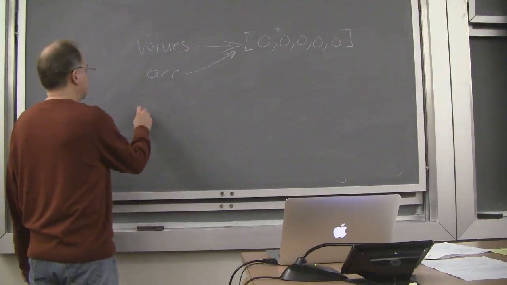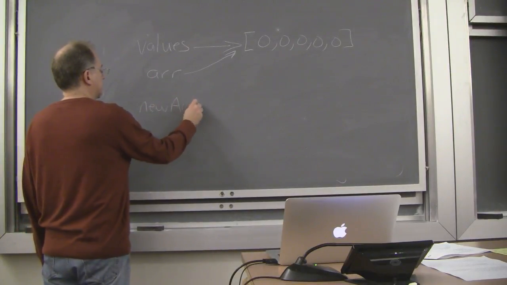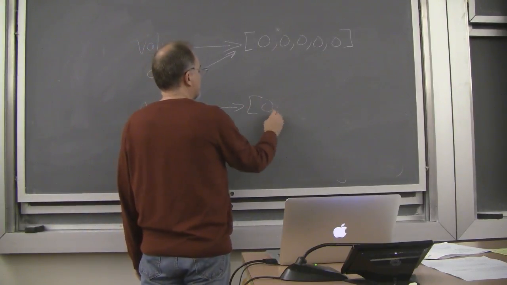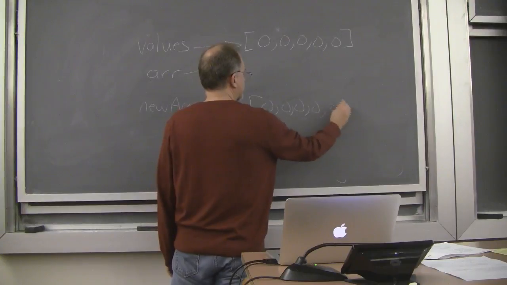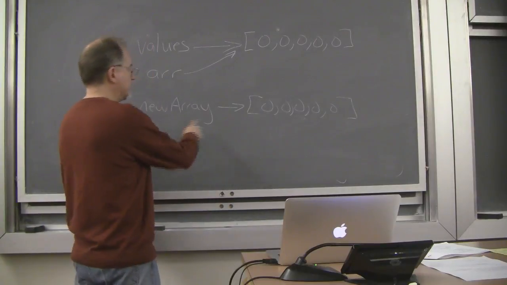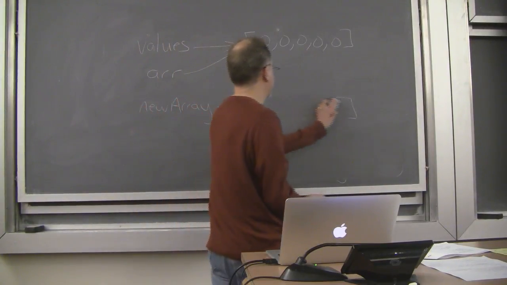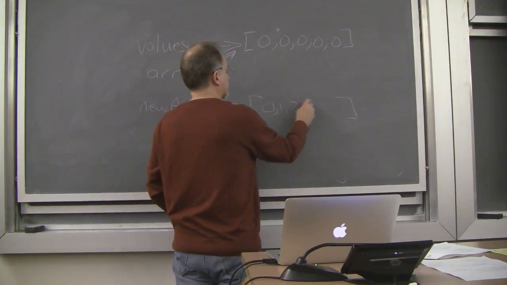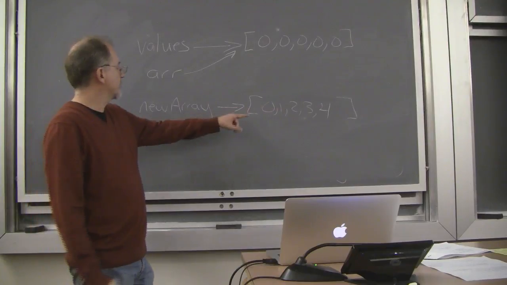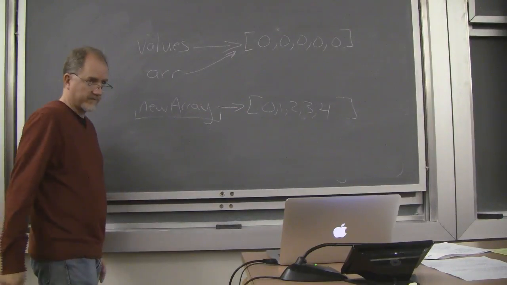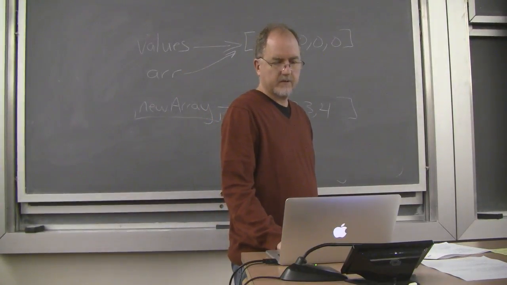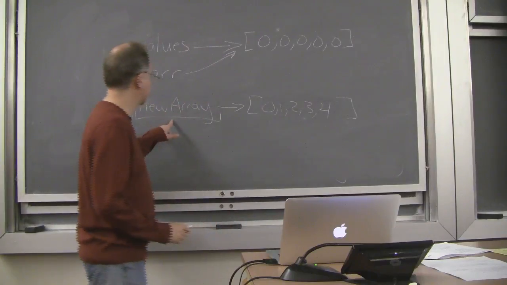Then I'm making a new array. And that references its own object that was default initialized to zeros. It's a separate object. Then I go through and I change what's stored in each one of these. When I'm done, I return this reference, which means that this call up here evaluates to this reference.